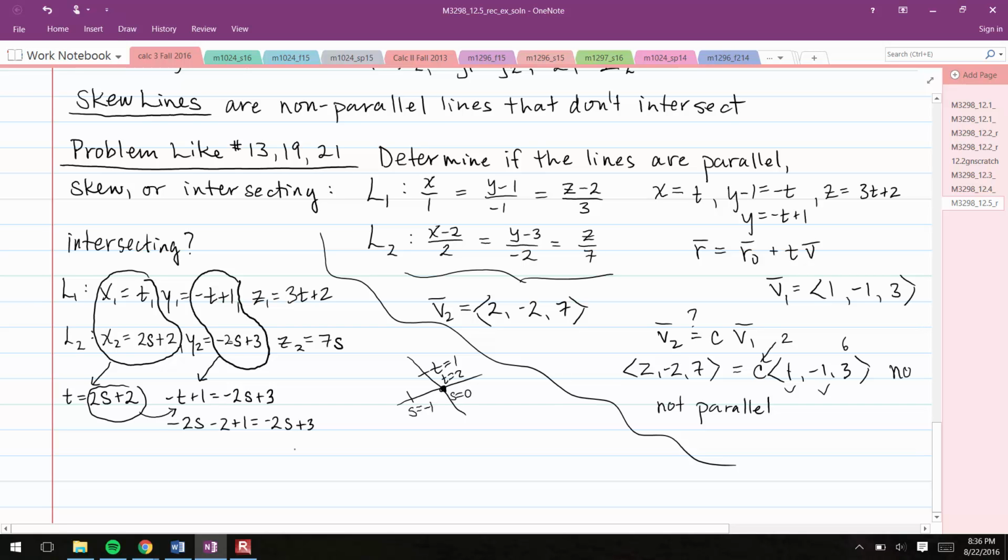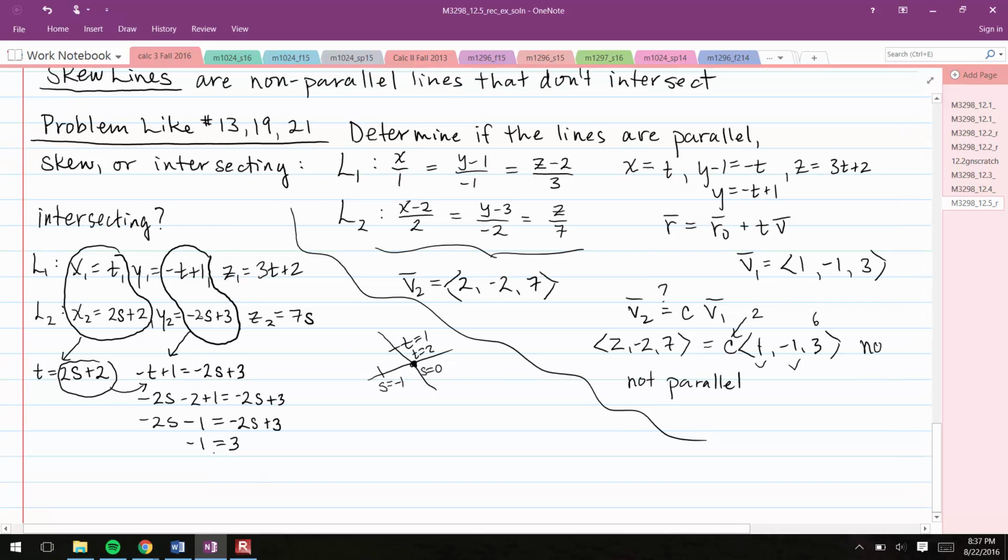Okay, so putting this together here, we have negative 2s, and then we're going to have minus 1 equals negative 2s plus 3. So when we try to get the s's together, we can add 2s to both sides, and we get something that's not consistent, actually. Negative 1 equals 3.